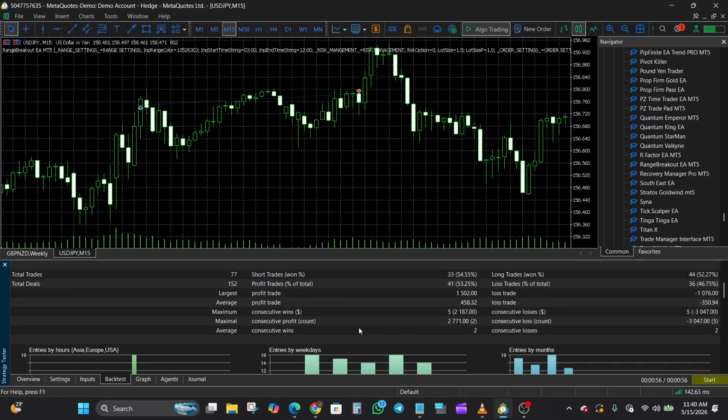All right, and looking at the risk to reward ratio, using the largest profit trade and average profit trade alongside the largest losing trade and average losing trade, using these data to judge the risk to reward ratio, we can see that the risk to reward ratio is also pretty average, right?